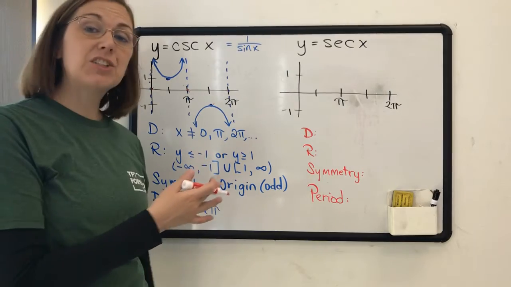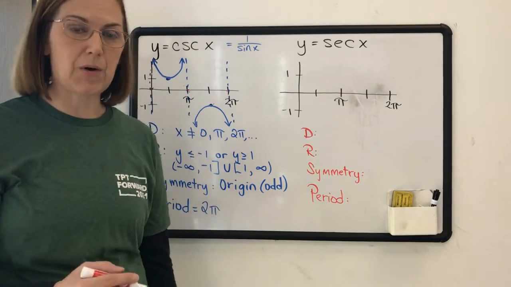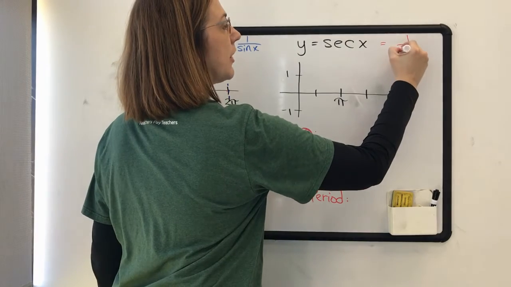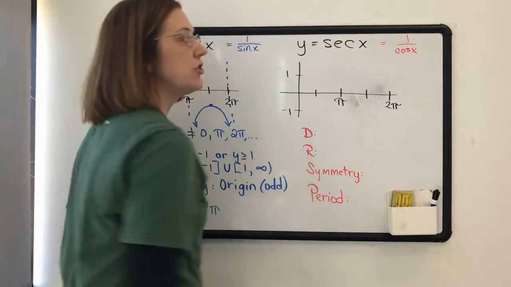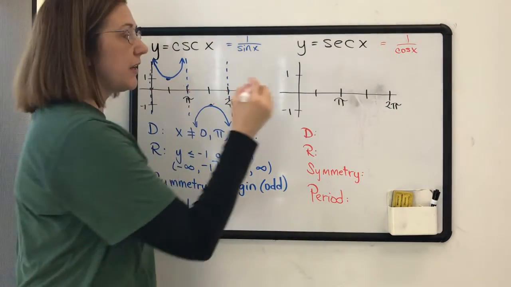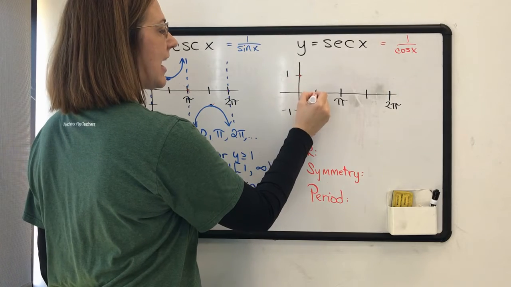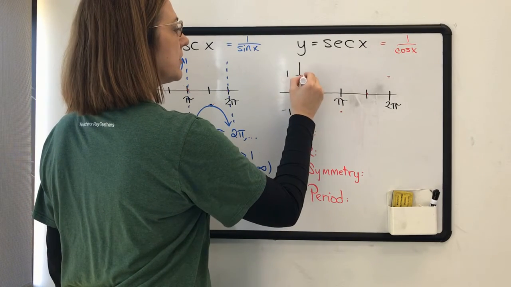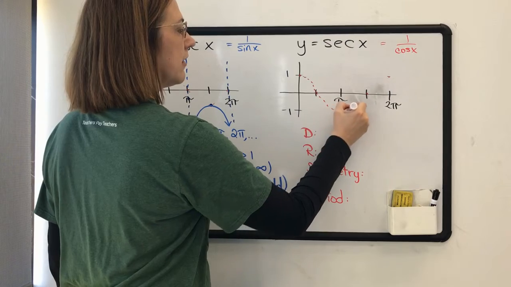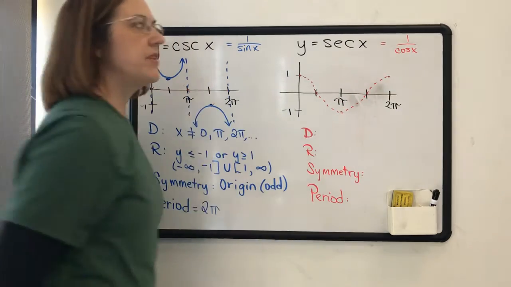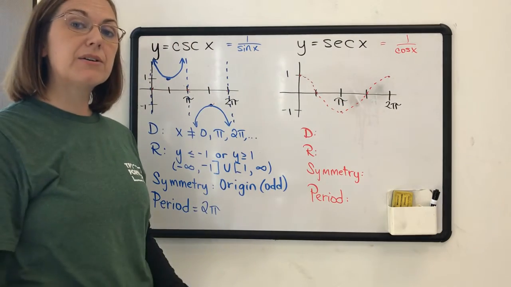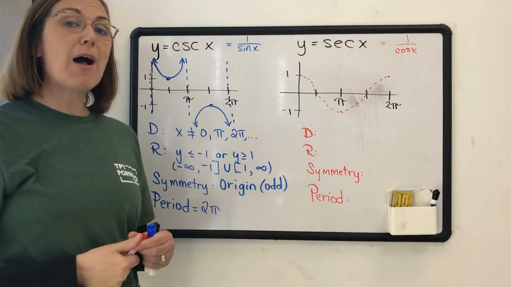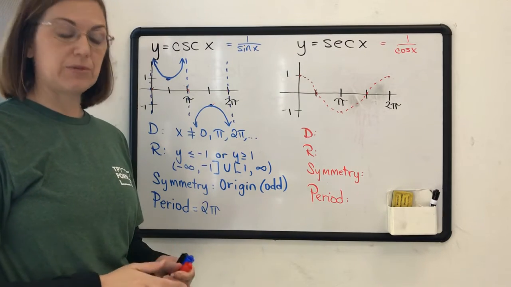All right, let's turn our attention now to the secant graph. And we remember secant is the reciprocal of cosine. So I'm going to draw the cosine graph dashed here. Again, those 5 key points of my cosine graph. Okay, and remember, because secant is the reciprocal of cosine, we have a problem wherever the cosine equals 0.